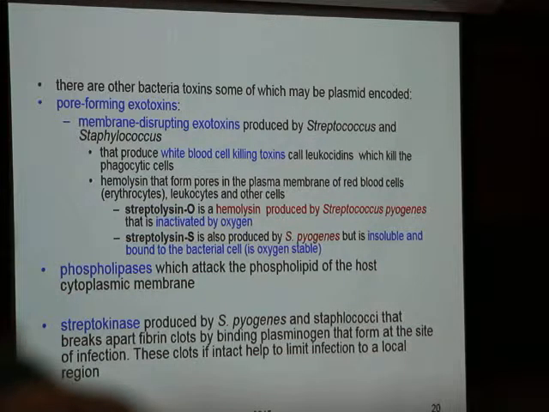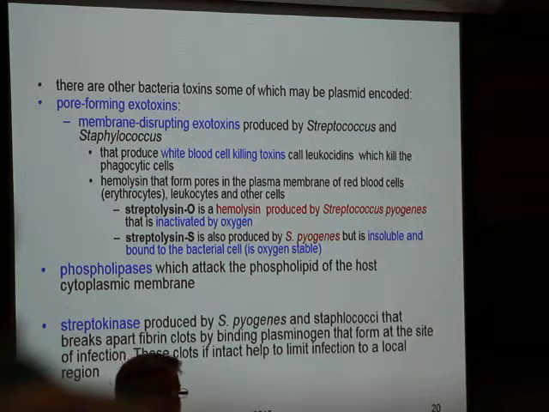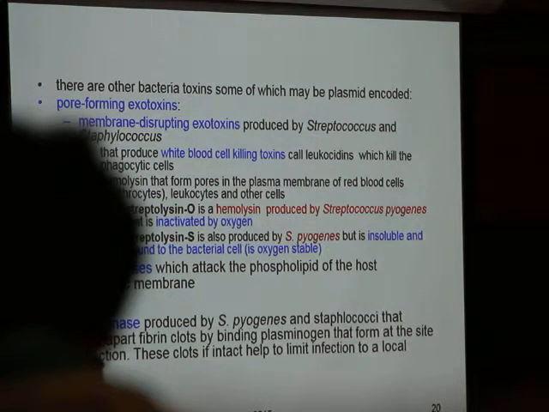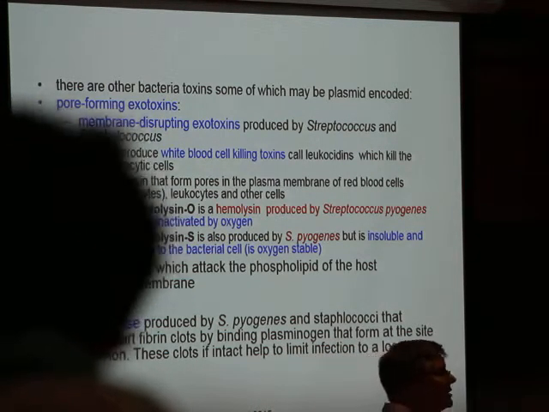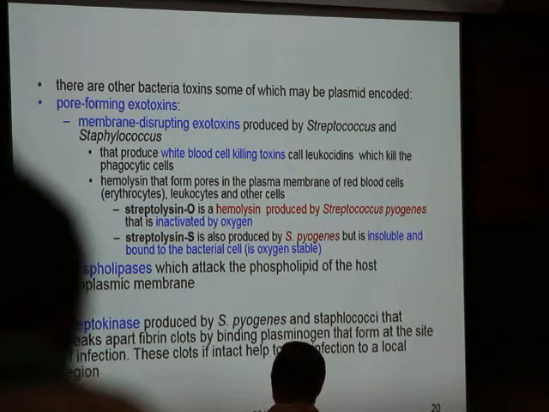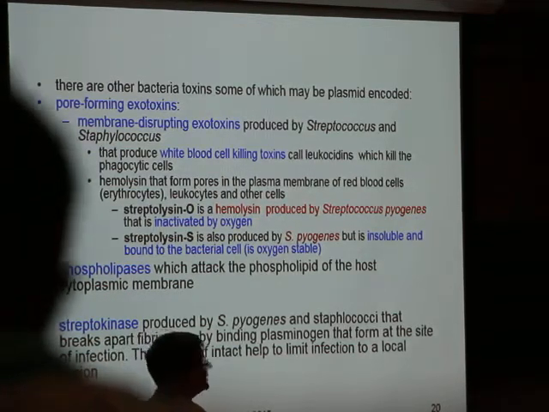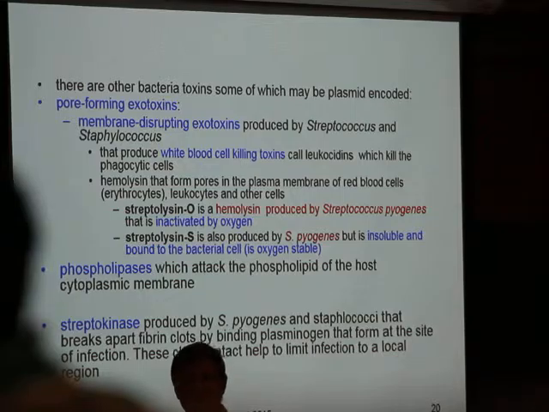Not only does that obviously keep you from bleeding to death, but it's also important because it walls off infections. But if a bacterium can secrete an enzyme to break down blood clots, it can now move into a systemic infection. We'll come back and talk about this in a lot more detail. But streptokinase is important in these highly pathogenic bacteria to allow that movement.